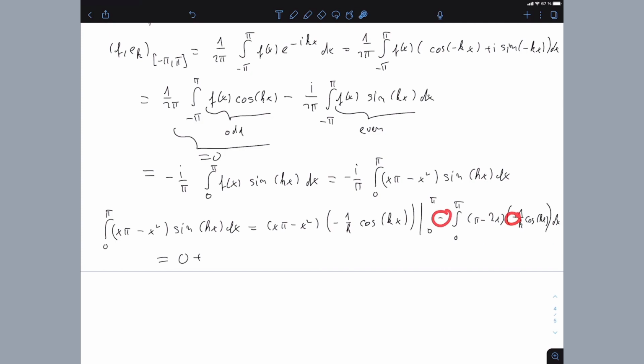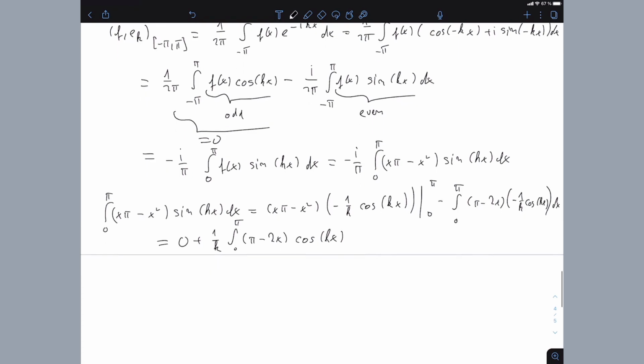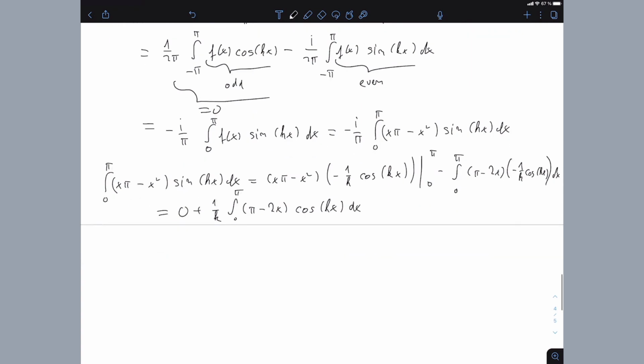Minus times minus gives us a plus. I can take out the 1 over k. Integral from 0 to pi of pi minus 2x times cosine kx dx.